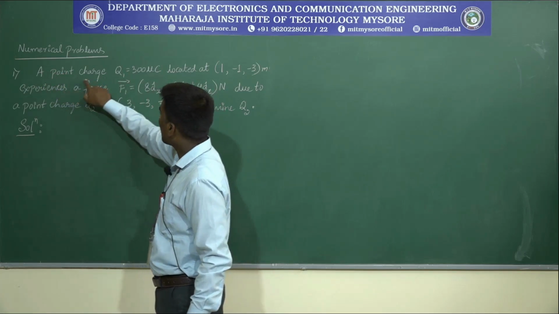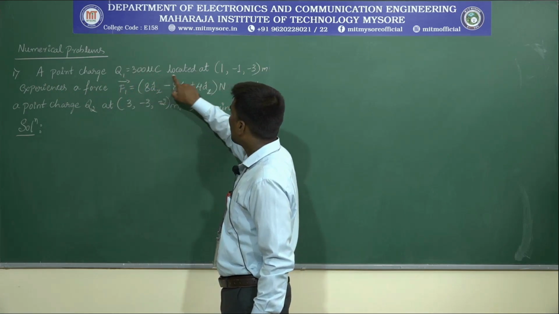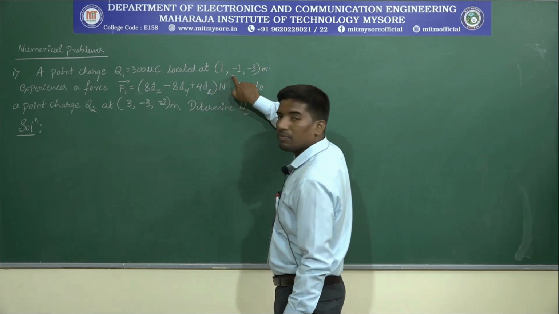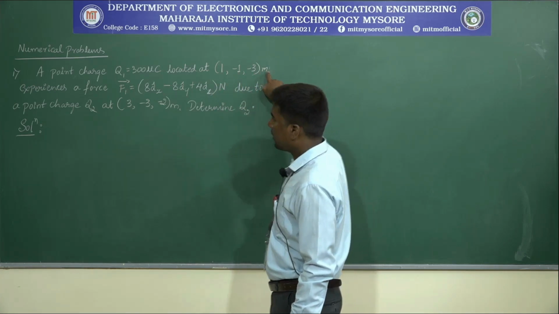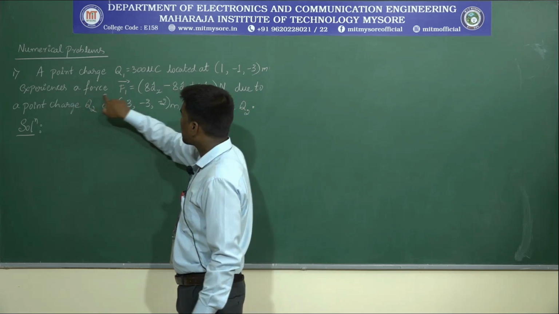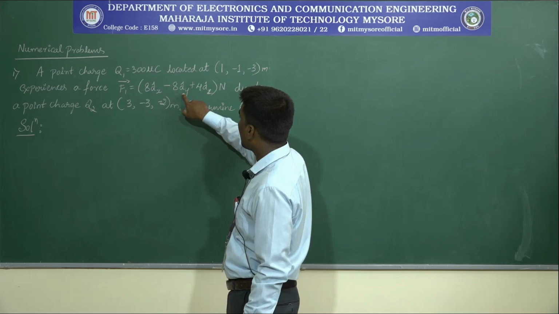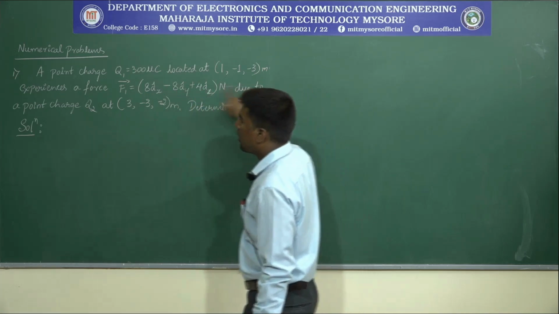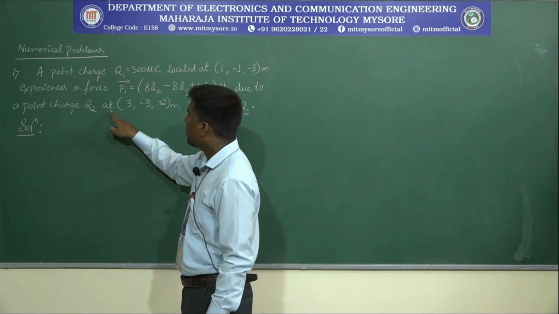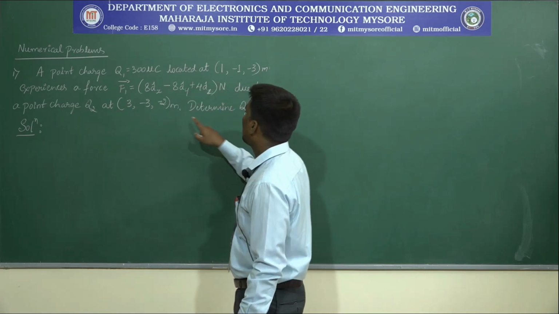A point charge Q1 equal to 300 microcoulomb, located at 1, minus 3 meter, experiences a force F1 given by 8 a cap x minus 8 a cap y plus 4 a cap z Newton due to a point charge Q2 located at 3, minus 3 and minus 2 meter.